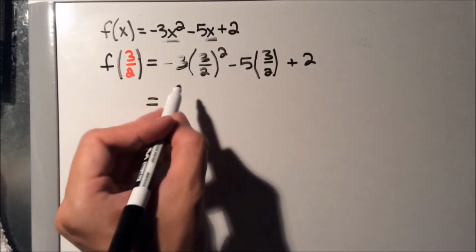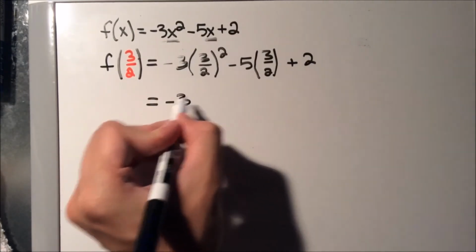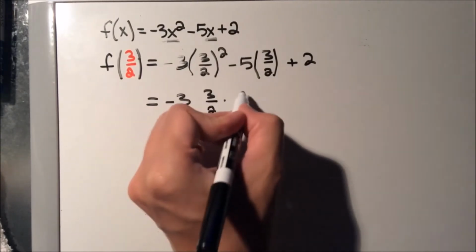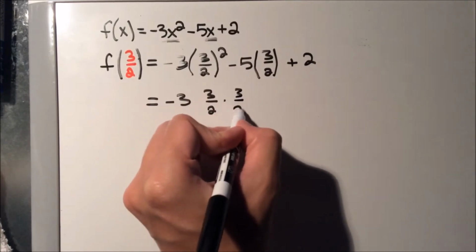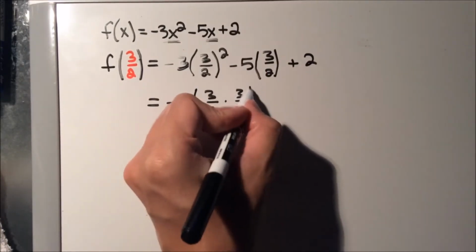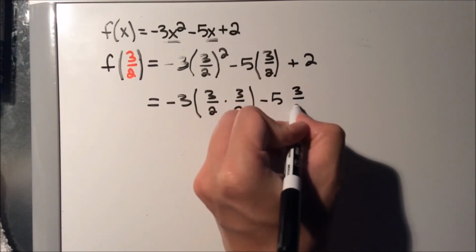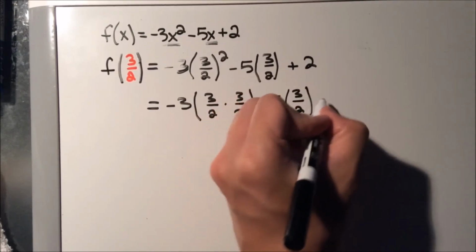Now next is the square. So I'm going to write it out step by step. 3/2 squared means 3/2 times 3/2. I haven't done anything else because we still focus on exponents.